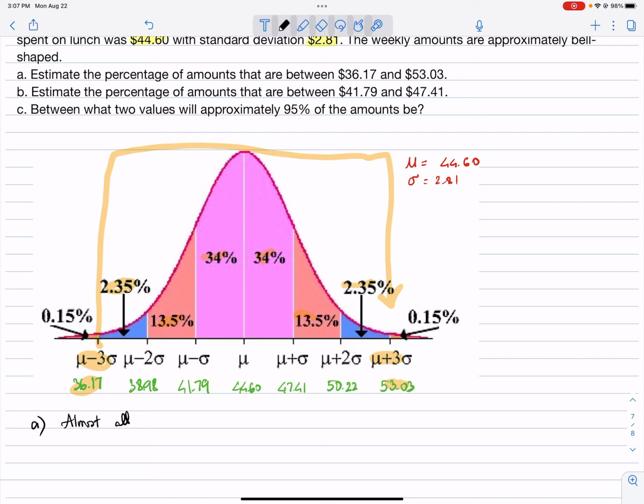Or if you want the detailed number, from the other shape, you just add 2.35% plus 13.5% plus 34% plus 34% plus 13.5% plus 2.35%.